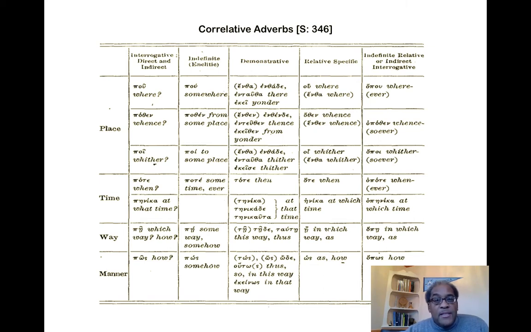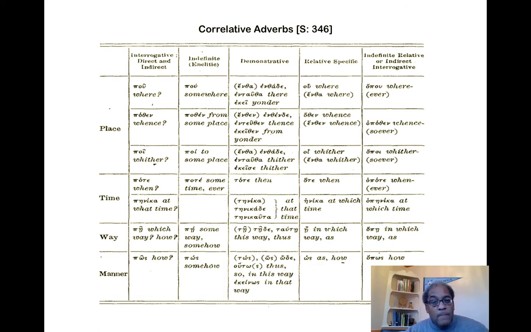Okay. But these are different because they're not enclitic to words that have the very same form, which mean, as opposed to where, pu as enclitic means somewhere, as opposed to whence, pothen as enclitic means from some place, as opposed to whither, poi as an enclitic means to some place, and as opposed to when, pote as an enclitic means sometime or ever at one point.